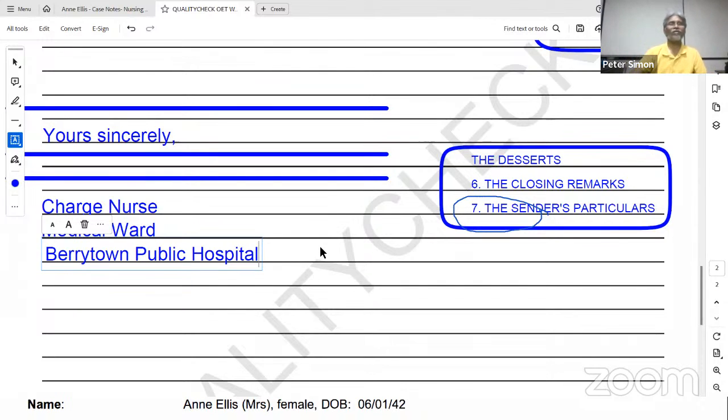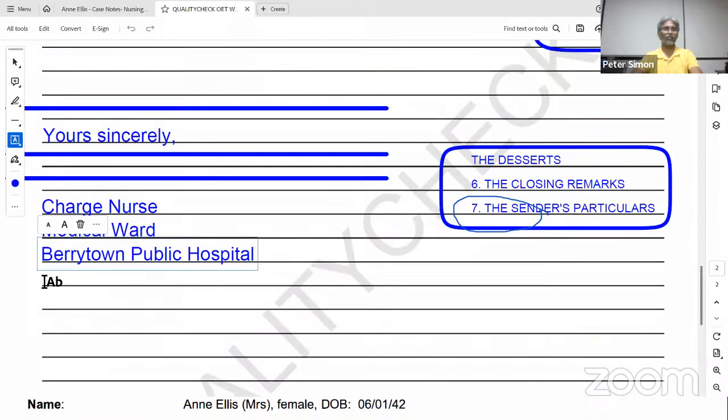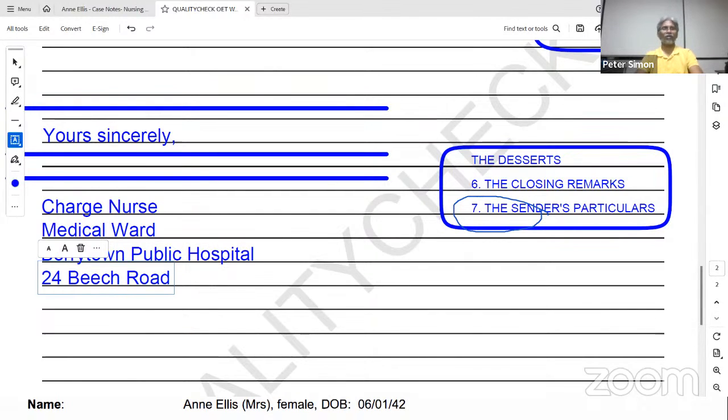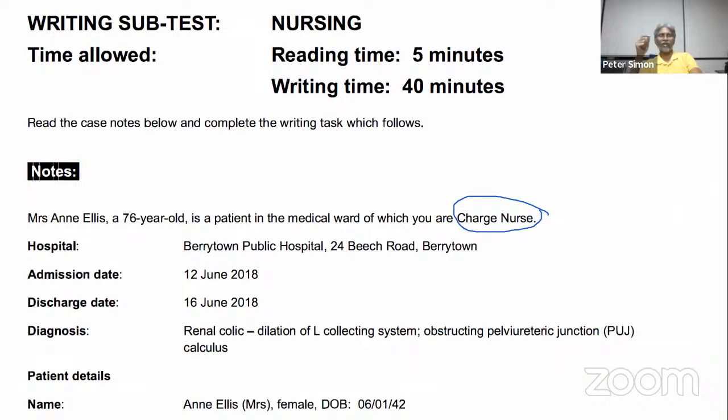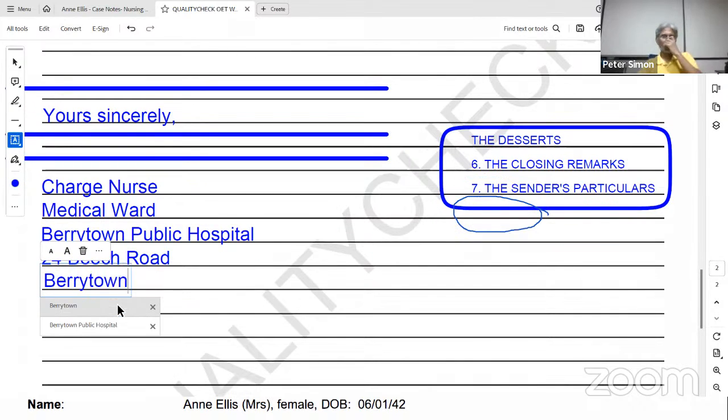Then next one, 24 Beach Road. Beach Road. Next line is Berrytown.